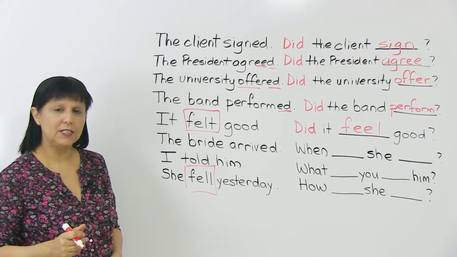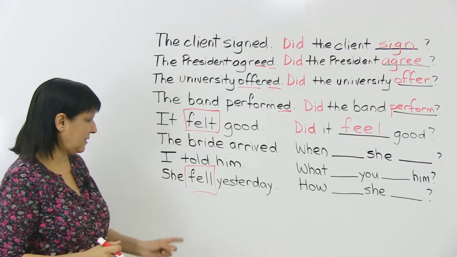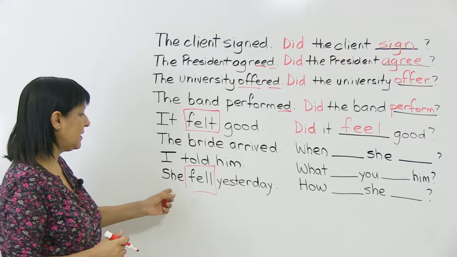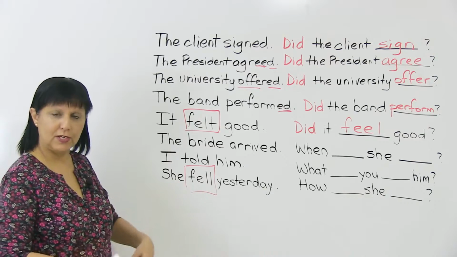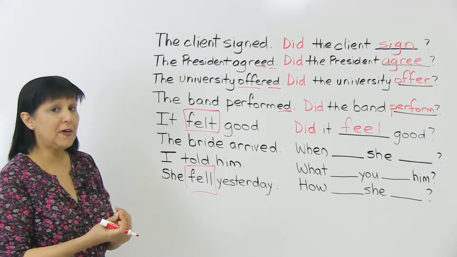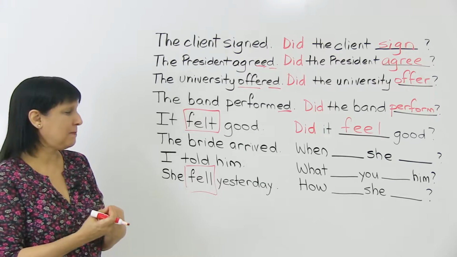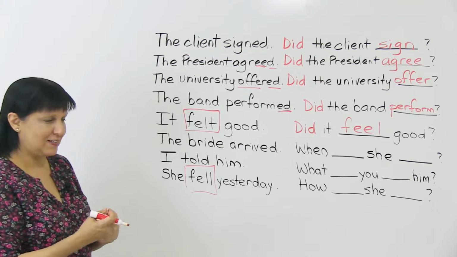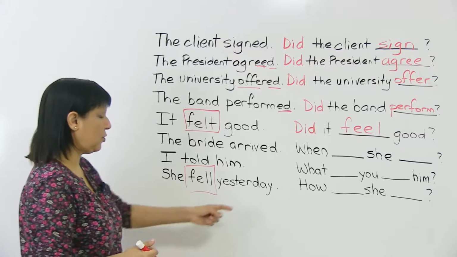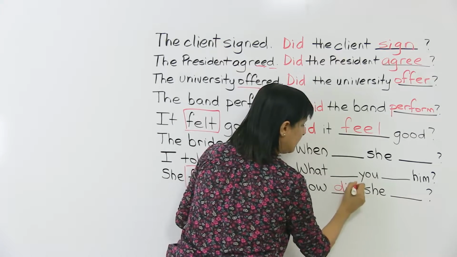It felt good. Did it feel good? Feel, felt. Let's jump down here for a second because I want you to see the contrast, all right? She fell yesterday, okay? She fell down or something like that. So fell is the past tense of which word? It's the past tense of, what is it? Fall.